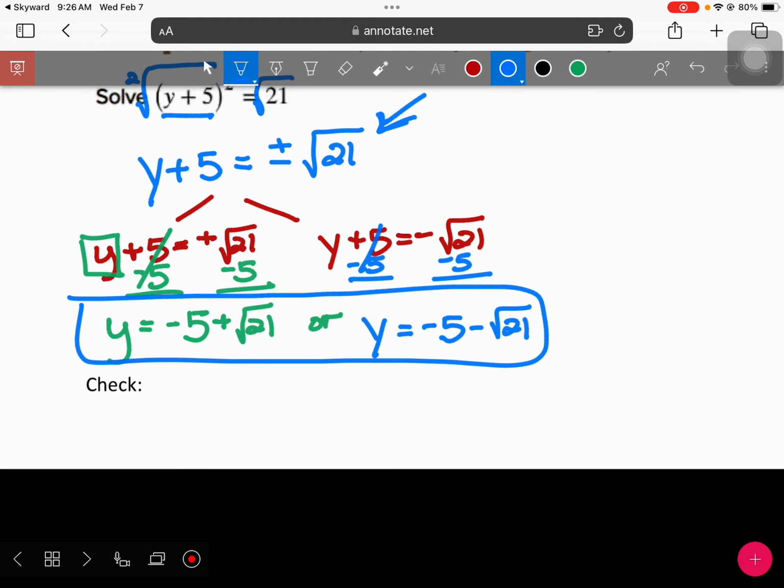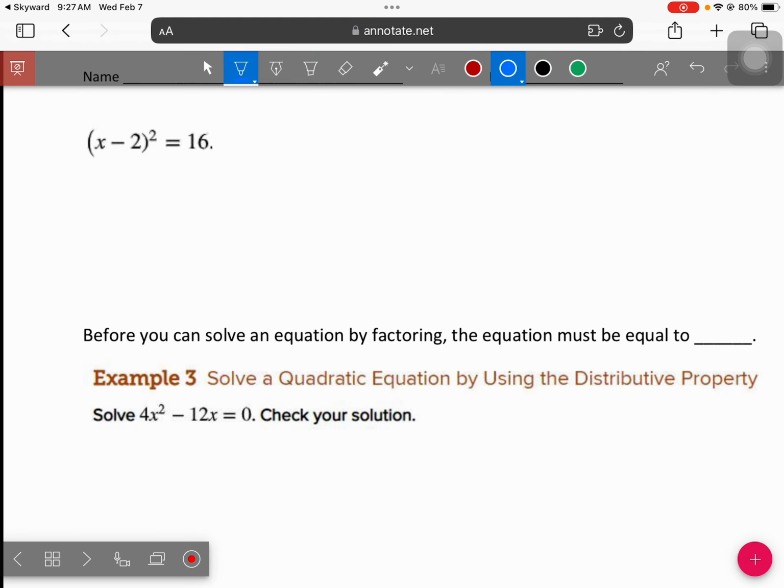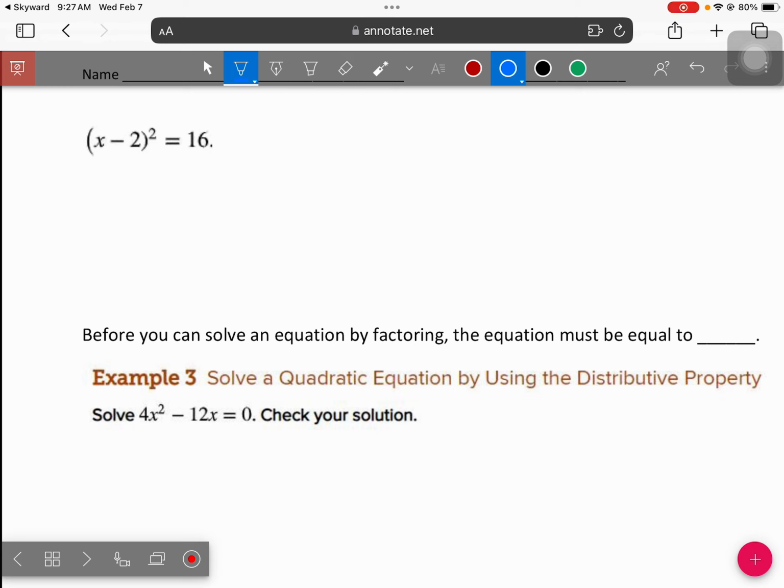All right. So let's do the top of the next page. See if you can do that one on your own. So it's the quantity x minus 2, that quantity squared, equals 16. This is called the square root property. Ask yourself first, is this squared part isolated?